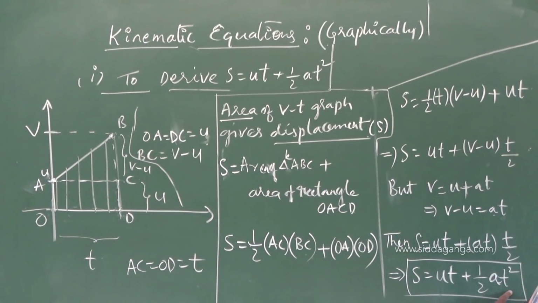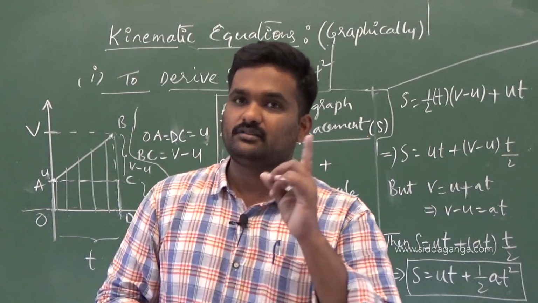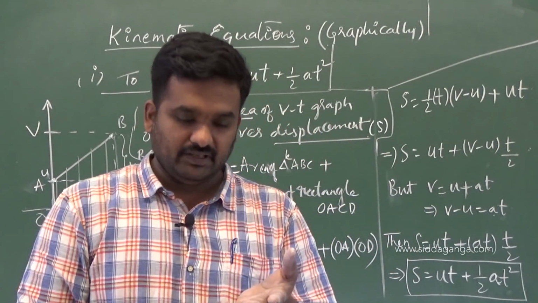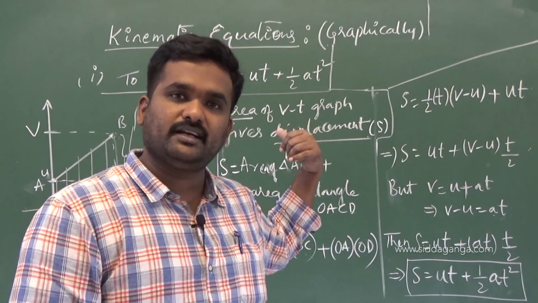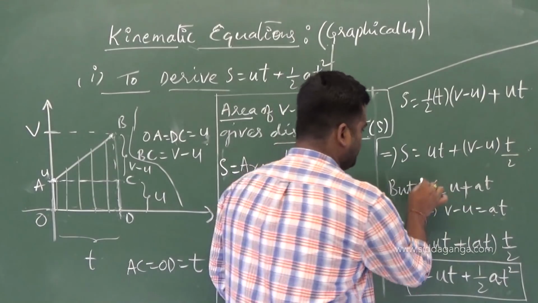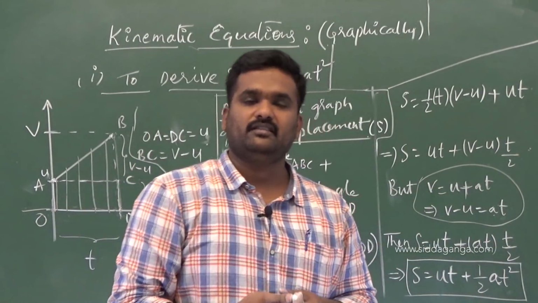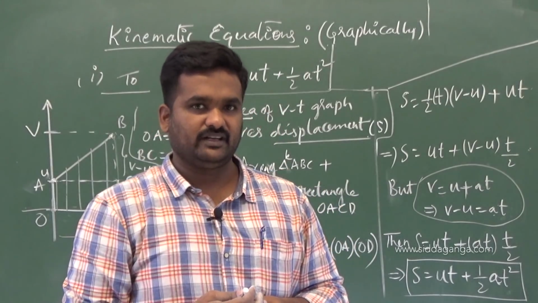So this is the final equation we have derived. When they ask you to derive this equation, first you have to do the first derivation, V equals U plus AT. That first equation we have derived. Directly you should not take this equation when you are asked to derive the equation S equals UT plus half AT square.